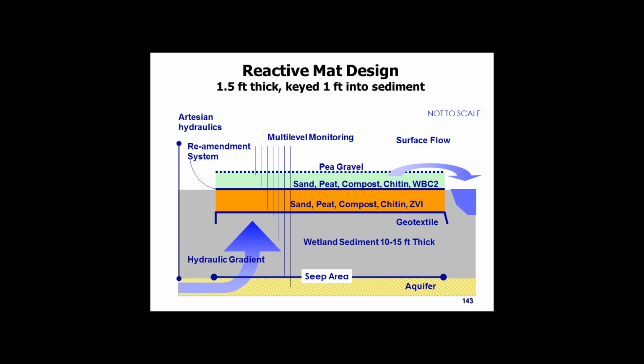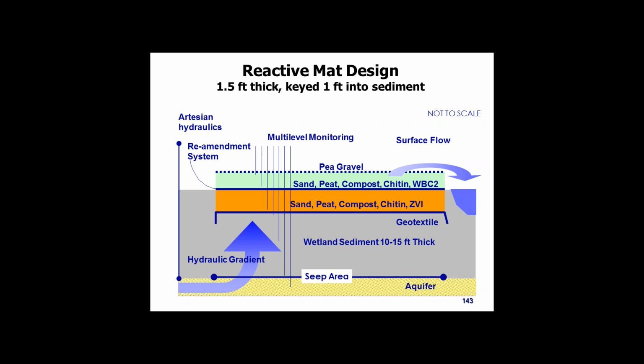So in the lower zone, there's a mixture of sand to maintain permeability, peat material, and compost. Actually, I was told that the compost here was from blue crabs, which I don't know if any of you have been around composted fish material, but the odor is quite impressive.